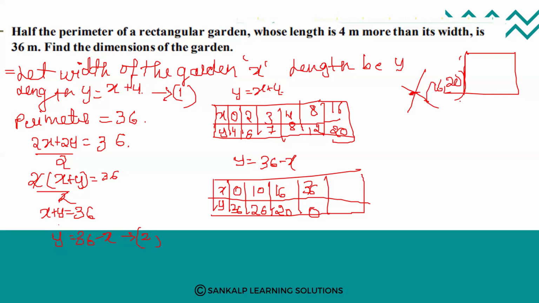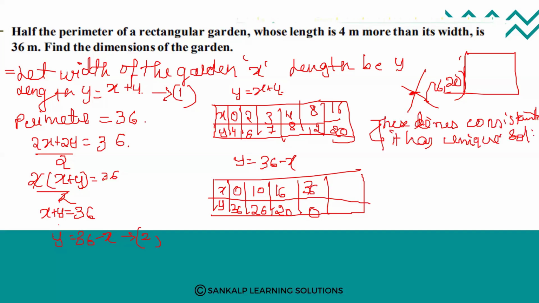If lines are intersecting, then the pair is consistent, right? So these lines are consistent and it has a unique solution. Okay, unique solution.